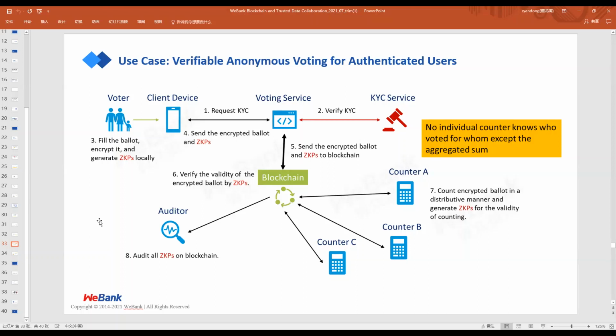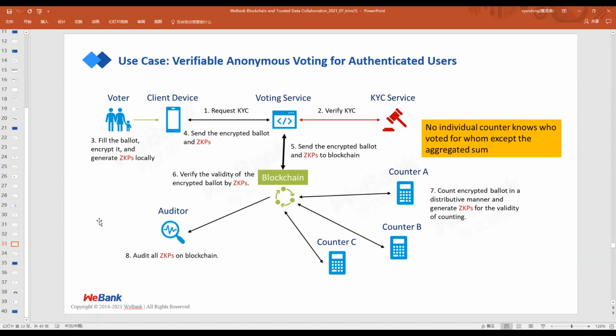The next effect is that what they vote is actually hidden. So even the counting service cannot know the individual opinion in the system. The third effect is that the whole process is publicly verifiable. It means you don't have to go to each voter, each counter, to ask them what secret they used to generate this ZKP and other secret data. You only look at the data on the blockchain.